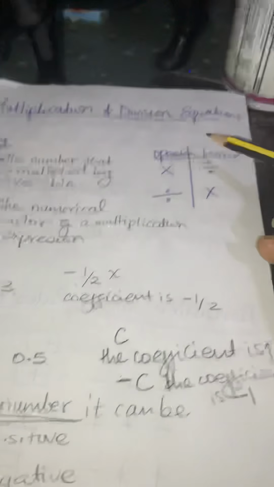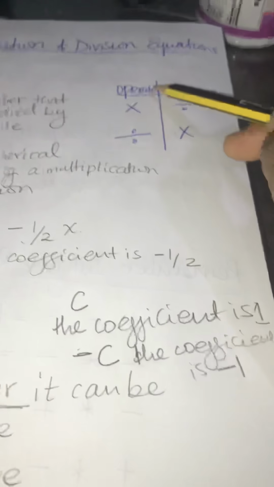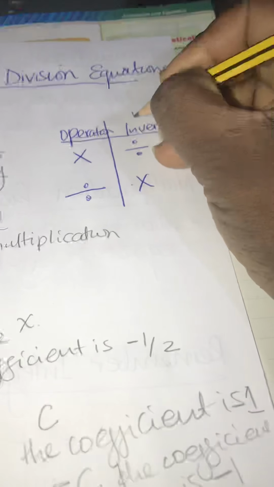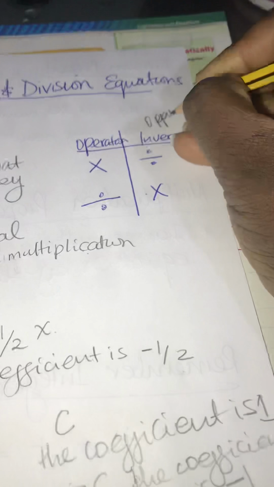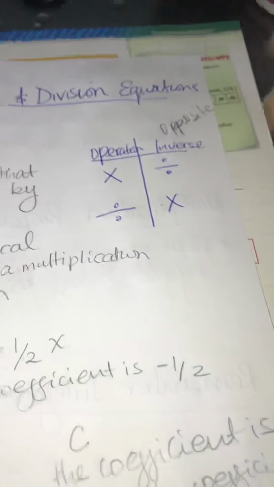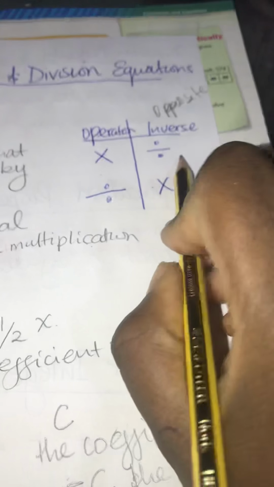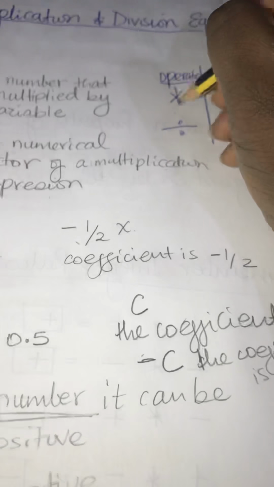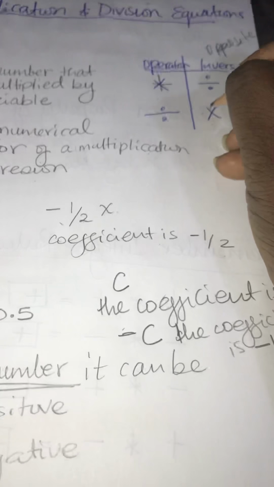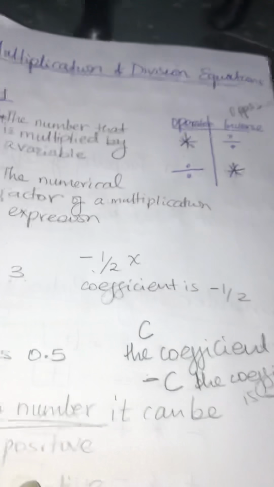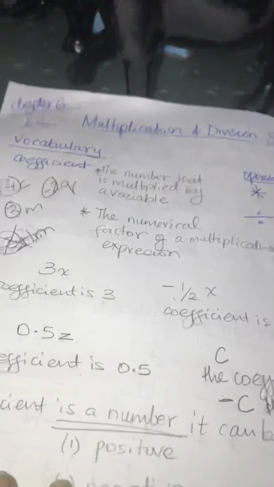Now, you also need to know the operation and the inverse. Another name for inverse is opposite. The opposite of multiply is divide. The opposite of divide is multiply. In fact, write it as a star so that you don't confuse with x. All right.